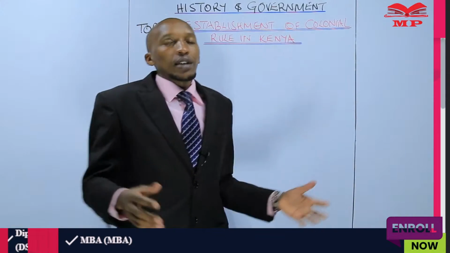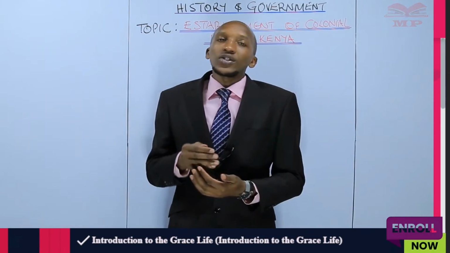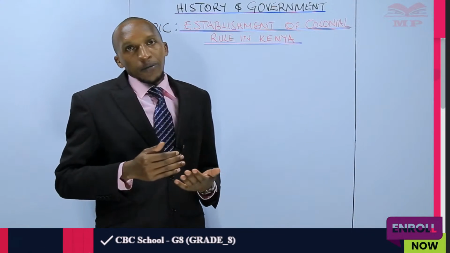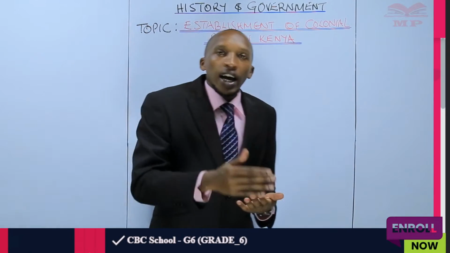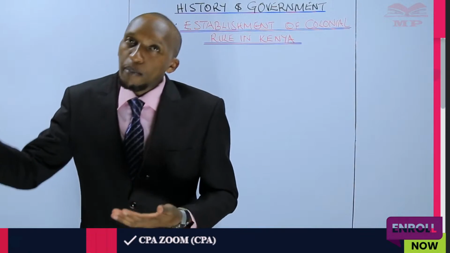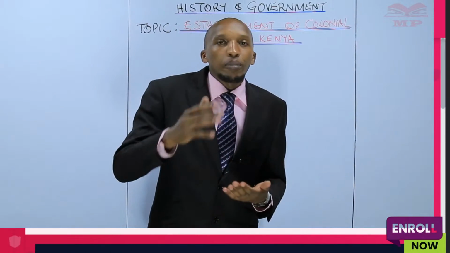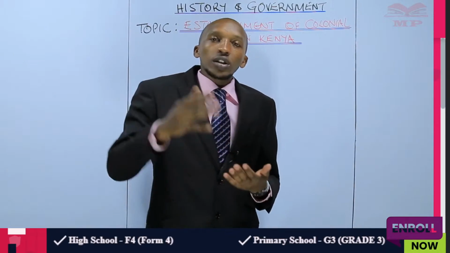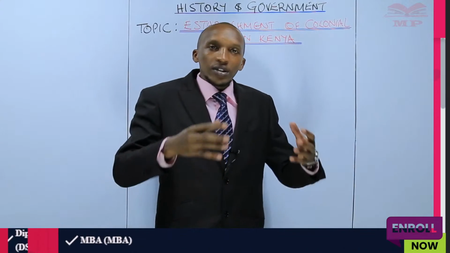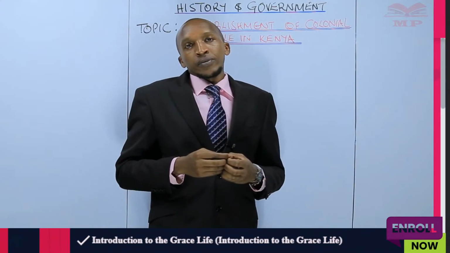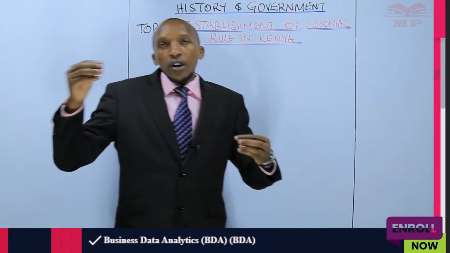So they came down and sat and decided to subdivide, partition, share in an organized manner. That is partition. So they partitioned Africa amongst themselves. That is the partitioning of Africa.